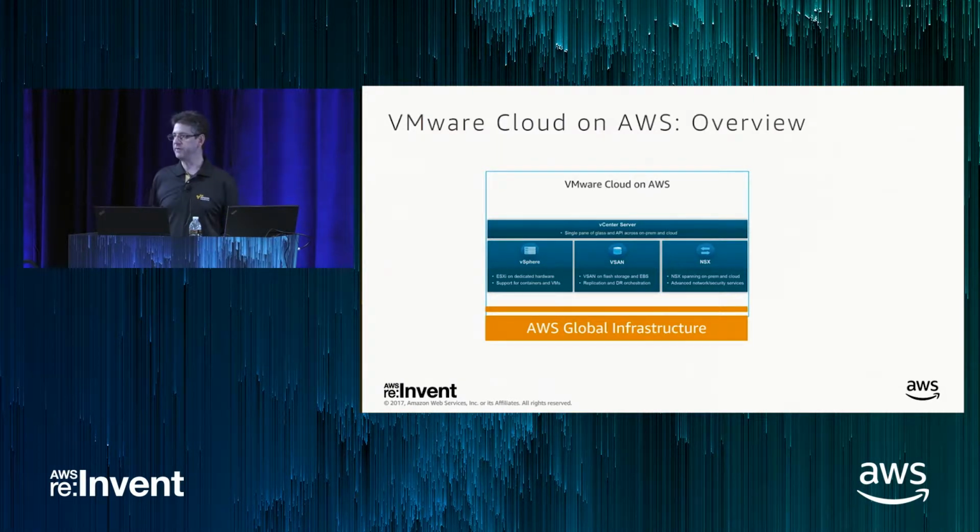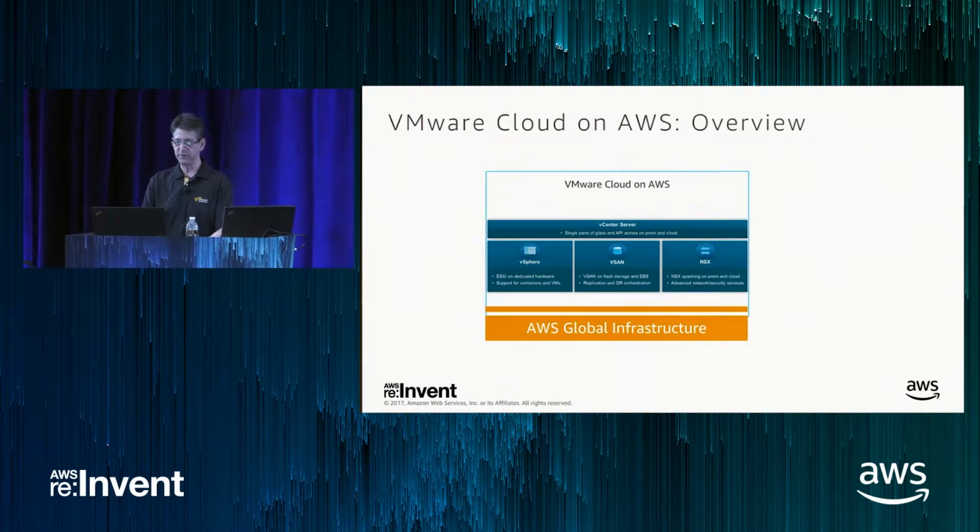Okay, so the first big piece of my talk here is essentially what is VMware Cloud on AWS. VMware Cloud on AWS consists of really three big buckets of functionality. What you see in the middle: vSphere, vSAN, and NSX.